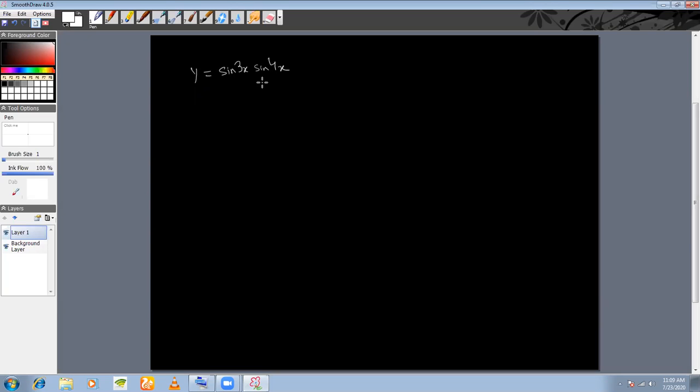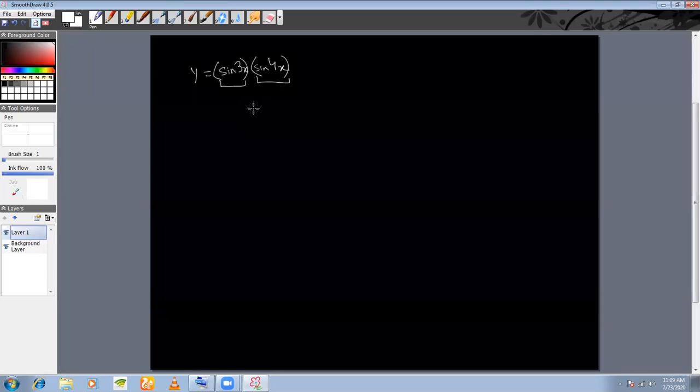Now, if you want to do this problem by chain rules, the problem is that you have a product of two functions, right? For this, you will have to make a separate chain. For this, you will have to make a separate chain, isn't it?